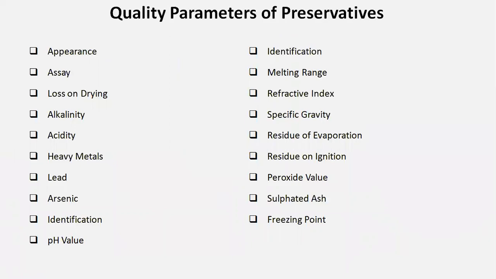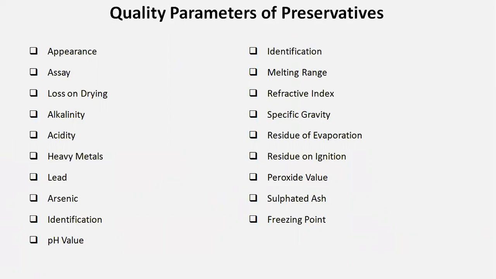Now we will see quality parameters of preservatives. That means, in order to determine the quality of a preservative, how many parameters or tests are there to ascertain its quality. Let us see the list of quality parameters one by one.